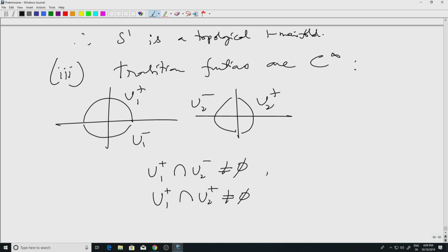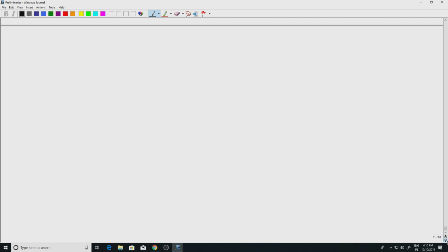So altogether there are 4 possible intersections, so we will get 4 transition functions. Now let's quickly check one of them. So let's take u1 plus intersection u2 plus.